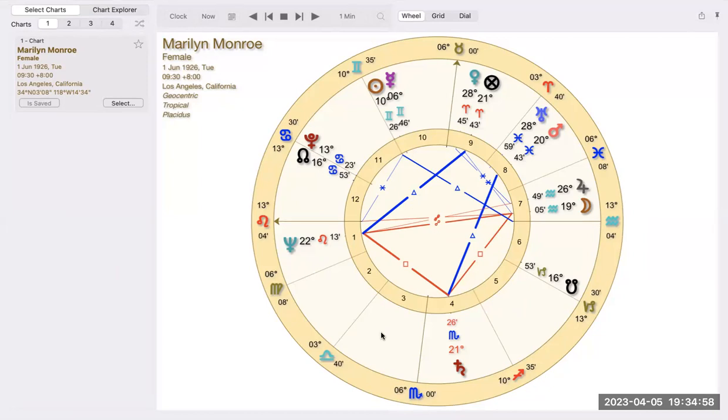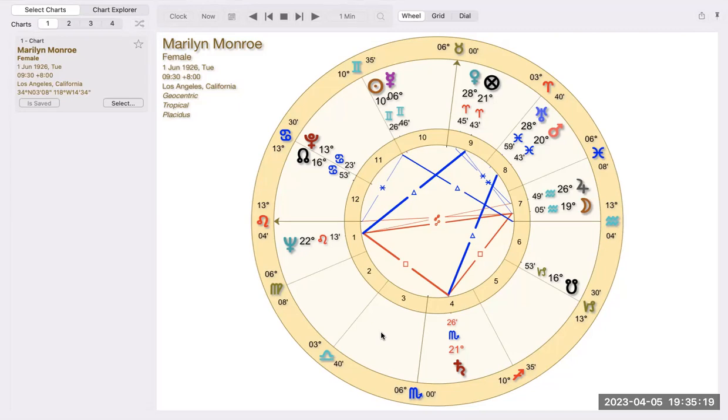So then next we're in the 4th house, which is the father, the roots, the ancestor, the dependency, the family of origin. And Saturn is in her 4th house.